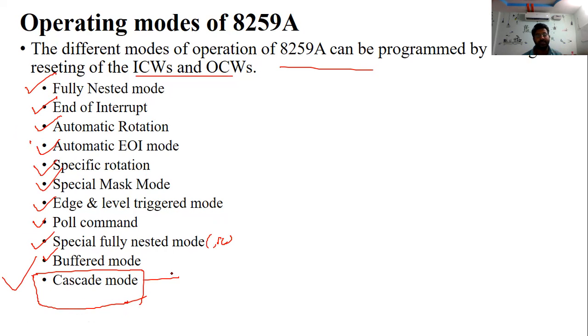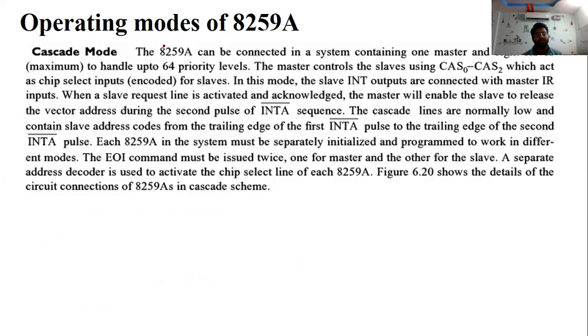By using this cascade mode, we are going to operate 64 interrupts. We are going to connect the 64 interrupts. See this in cascading mode: we have master and slave. In this mode we have one master and 8 slave devices.